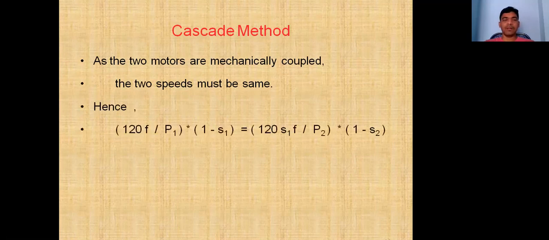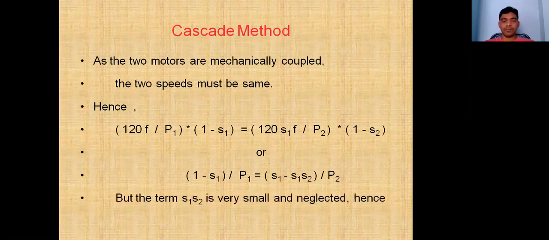Hence, 120 F by P1 into (1 minus S1) is equal to 120 S1 F by P2 into (1 minus S2), or (1 minus S1) by P1 is equal to (S1 minus S1 S2) by P2.